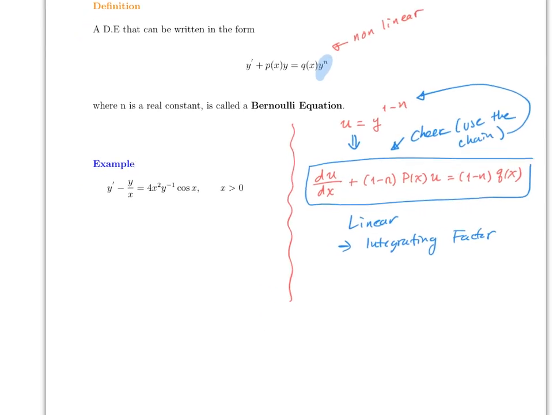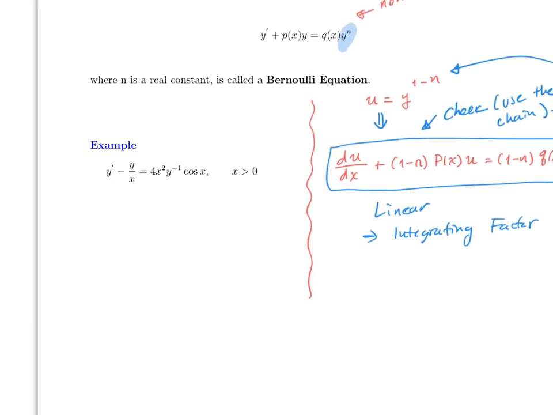All right, so let's look at the example here. So notice that this equation obviously is not going to be linear, and this is the reason why it's not linear, because it has a y on the right side. And here the value for n is actually equal to −1. Okay.